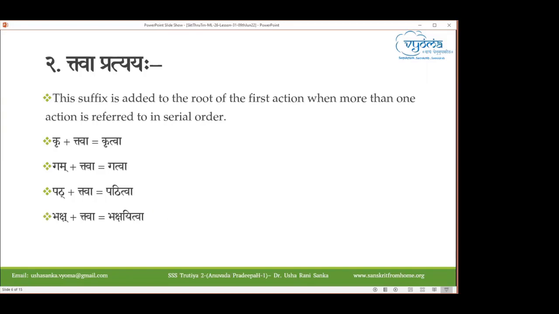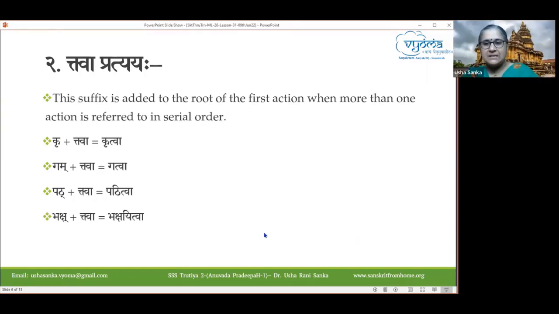Next, Bhakshayitva. Sitaramanji, you can tell the meaning. Okay, we can directly see in this book also. In the exercise, I try to see what sentences he has given. Having come, having written. This book also uses the same thing.